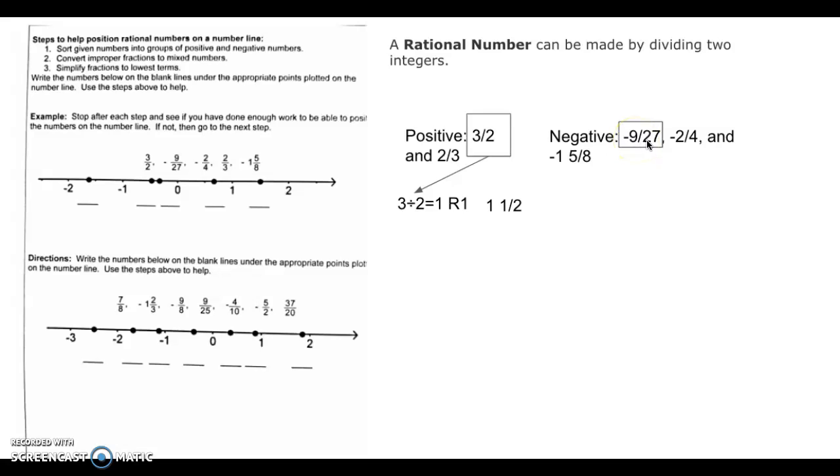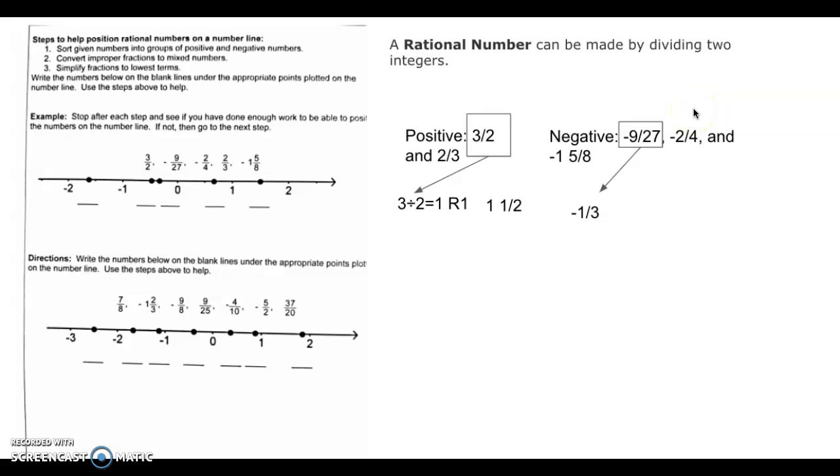9/27. I know that 9 can go into 9 and 9 can go into 27. So 9 goes into 9 once, and 27 divided by 9 is 3. So our new fraction is negative 1/3. Okay, let's see, 2/4.